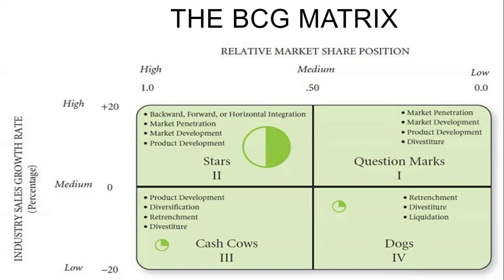When we pair low relative market share position with high industry growth rates, then we get question marks. Now, who can tell me what we will get when we pair high relative market share position and low industry growth rates? What do we get?